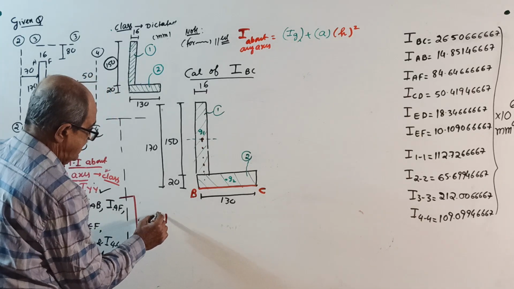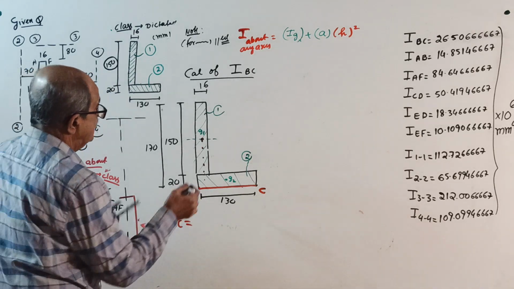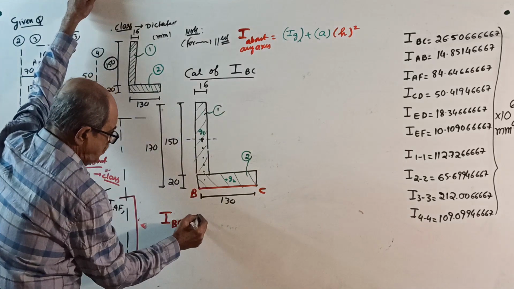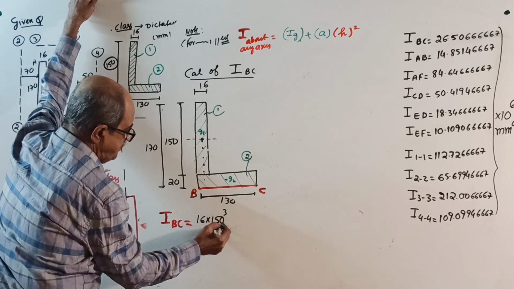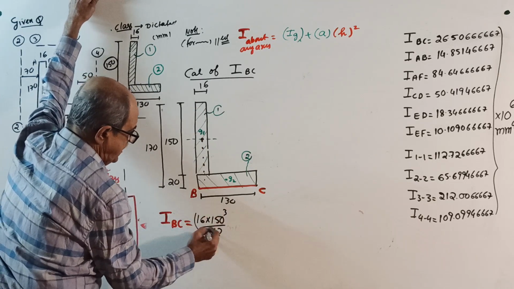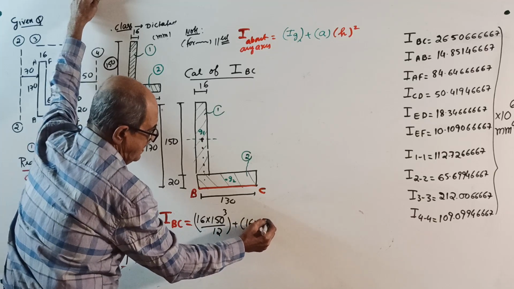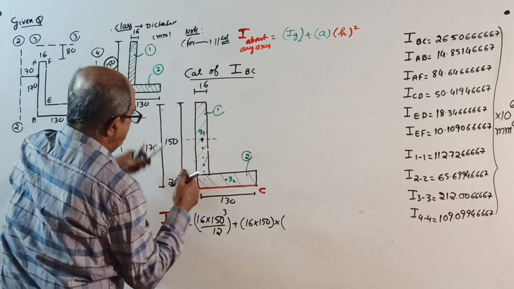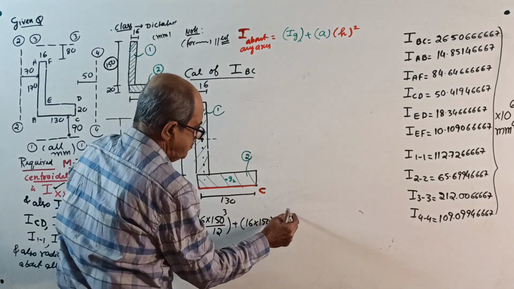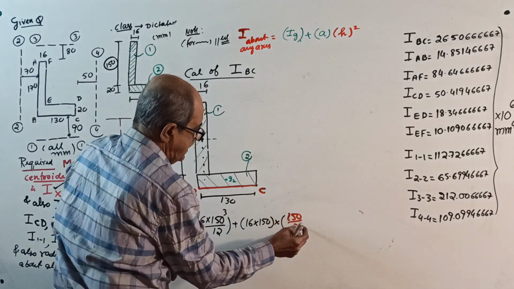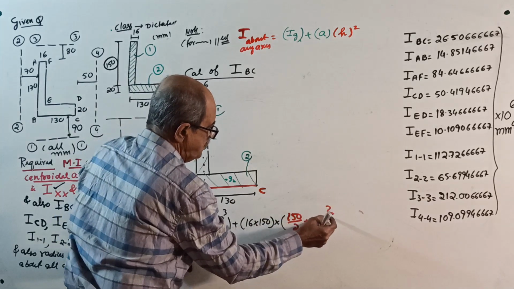I BC equals 16 into 150 cube divided by 12 plus 16 into 150, the area, into the distance from centroid to BC, 150 by 2 plus another 20, whole square.